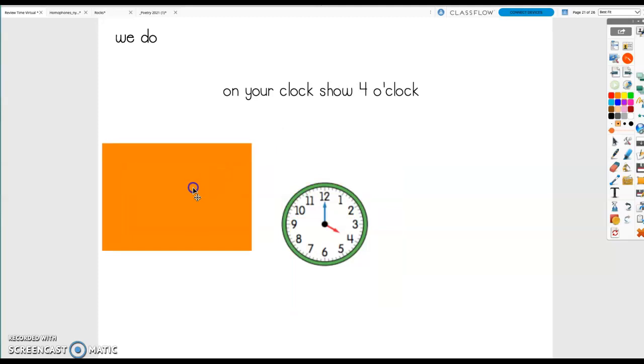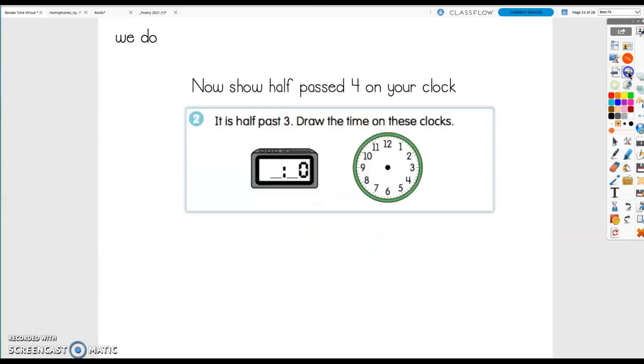So your clock should look like this. Should be directly at the 4 and directly at the 12. Be sure you have your minutes correct. So the hour hand is at the 4 and then the minute hand is at the 12. So it's 4 o'clock.